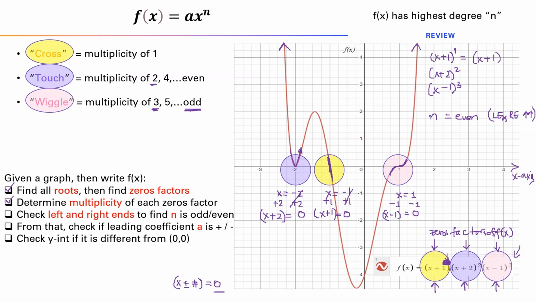Then we check the number of the multiplicity. We have 1 here, 2 for factor x plus 2, and 3 for factor x minus 1. So if we add 1 plus 2 plus 3, that equals 6, and it's an even number.